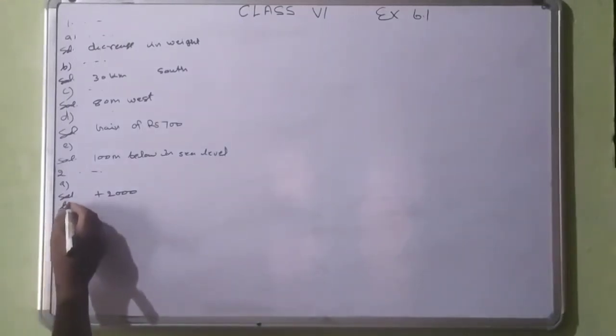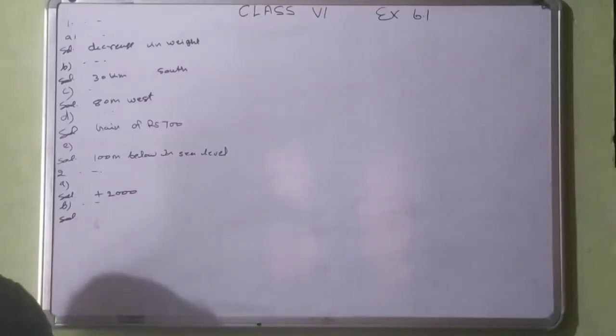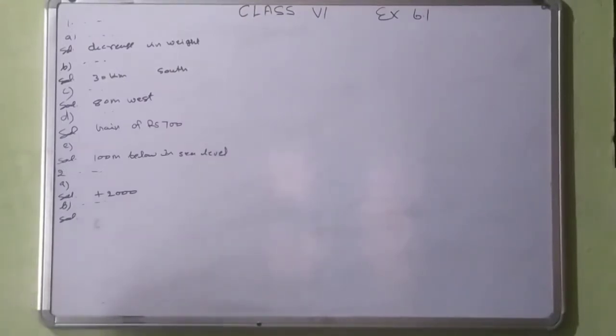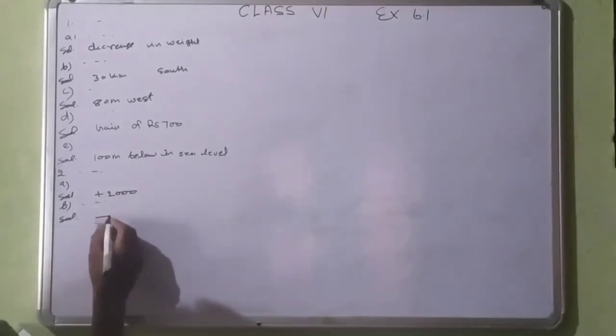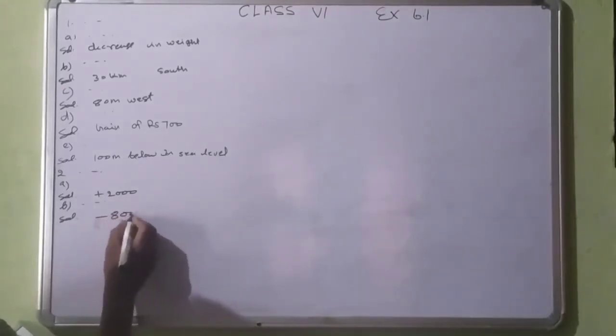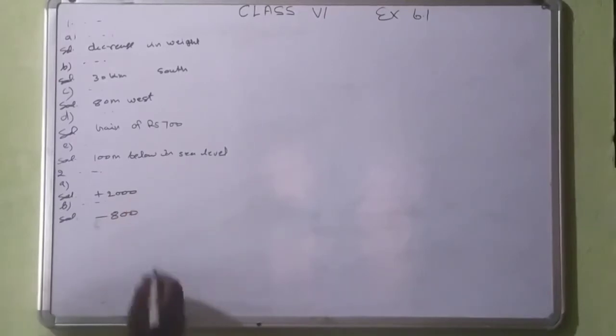B part: a submarine is moving at a depth of 800 meter below the sea level. Below means minus 800. Right? C part: a deposit of rupees 200.